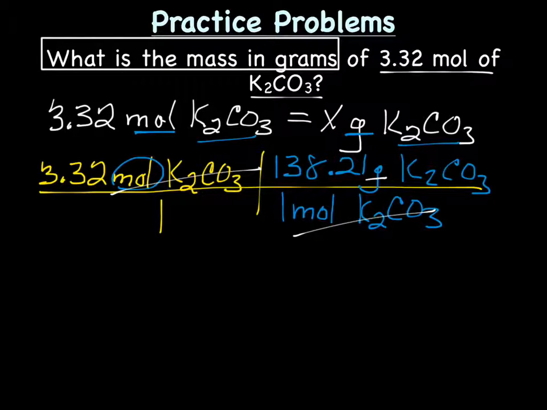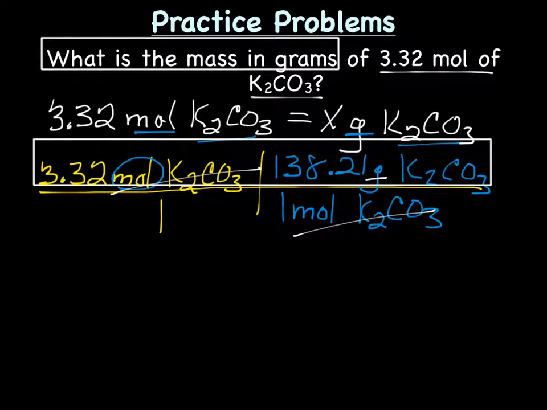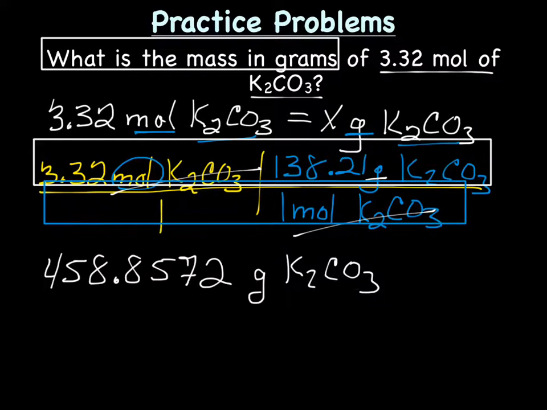So we're going to multiply across the top, giving us 458.8572 units grams K2CO3. And when we multiply across the bottom, we have 1 times 1, which is 1.